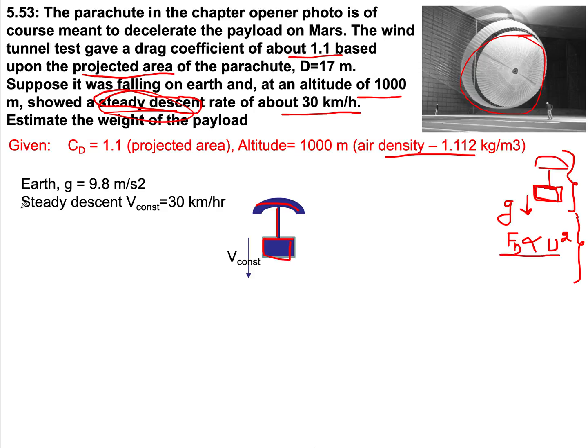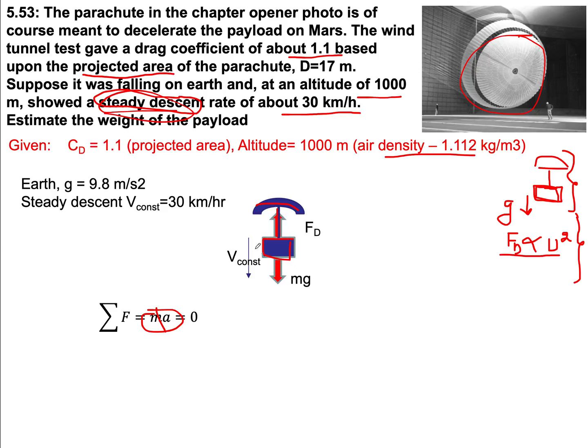Here we're given, so since we're in steady descent, the acceleration is 0, so the summation of external forces in the vertical direction, the travel direction, is 0.